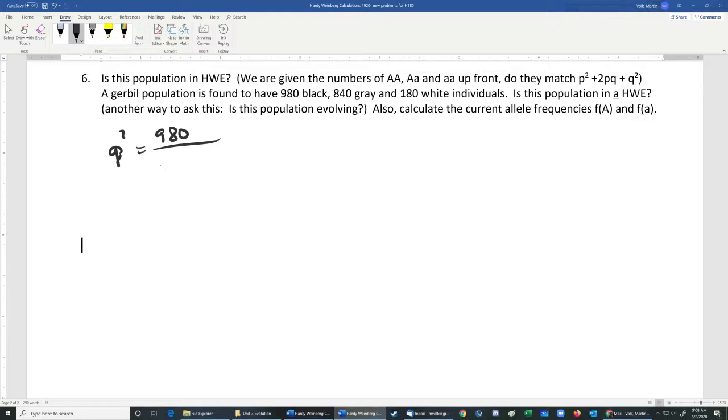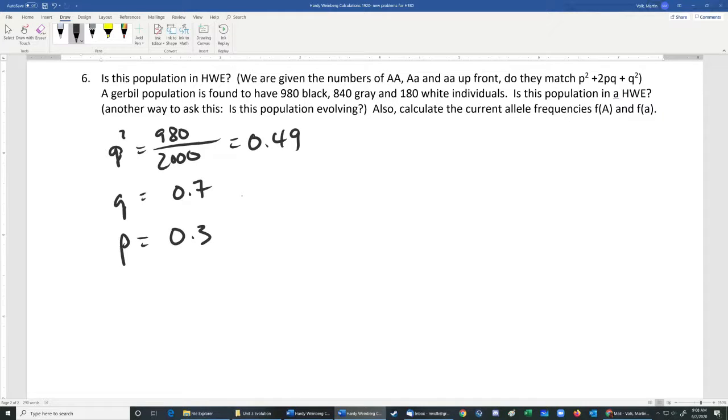The total is 2000, just adding them all together. That's going to give me 0.49. I can then figure out Q is equal to 0.7. P then would be 0.3.